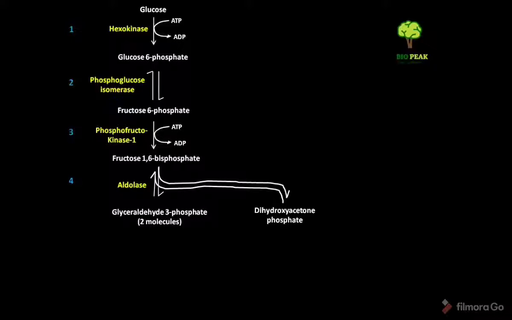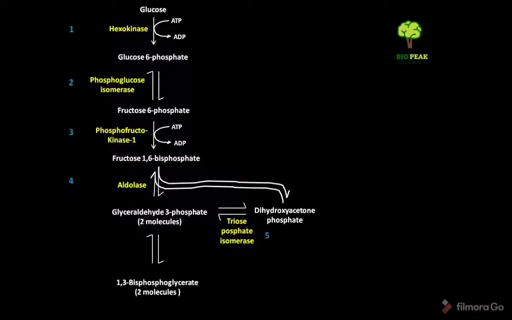The dihydroxyacetone phosphate reversibly forms 1 glyceraldehyde 3-phosphate. This step is named step 5 and is catalyzed by triose phosphate isomerase. Then 2 molecules of glyceraldehyde 3-phosphate reversibly form 2 molecules of 1,3-bisphosphoglycerate.